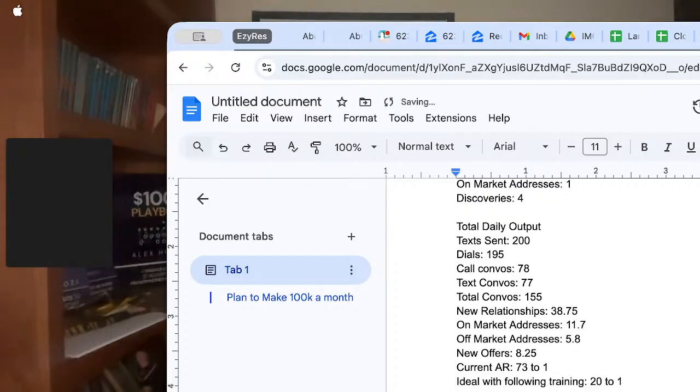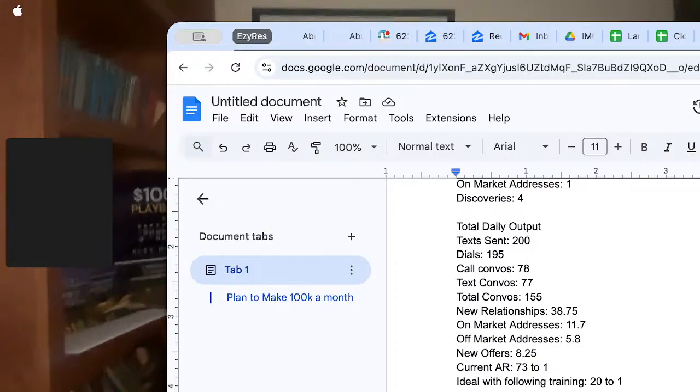So that'll bring me to a total weekly output, and we'll say 6 working days. Text 1,200. Dials 195 times 6, 1170.